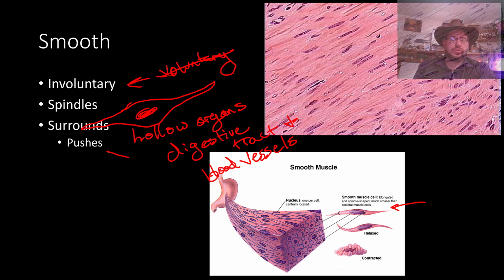Their whole job is to affect the length of the hollow organ. In the digestive tract, they actually push things through. When you have food in your esophagus, contraction and relaxation pushes things down. So the muscle contracts above whatever you're trying to swallow, and it sort of shortens the esophagus.